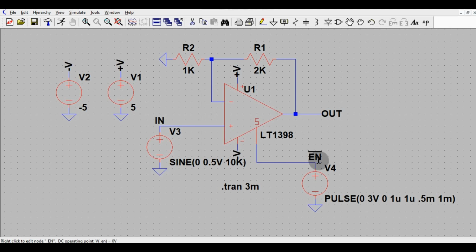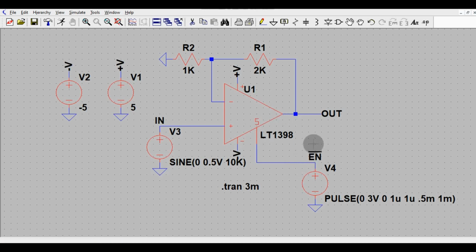That means when V4 is low, your amplifier output is high. When your V4 is high, there is no output at the amplifier output, right?